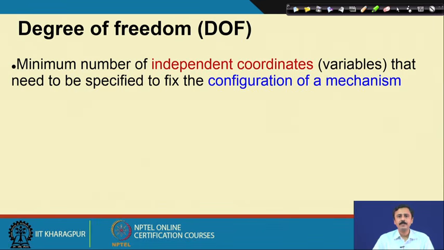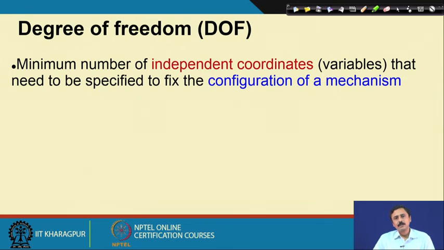So, what is degree of freedom? The definition is the minimum number of independent coordinates or variables that need to be specified to fix the configuration of a mechanism. Here there are some keywords: the minimum number of independent coordinates and configuration of a mechanism.